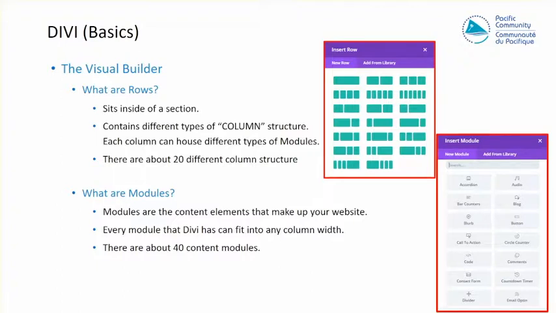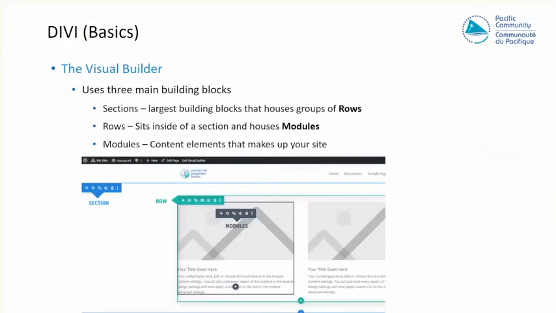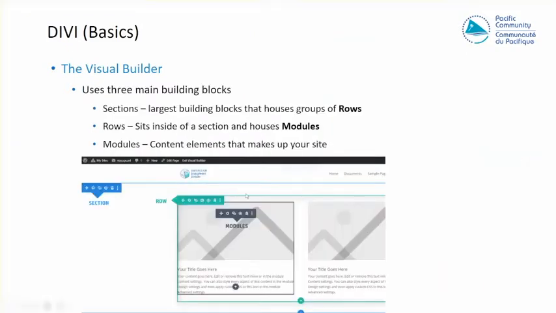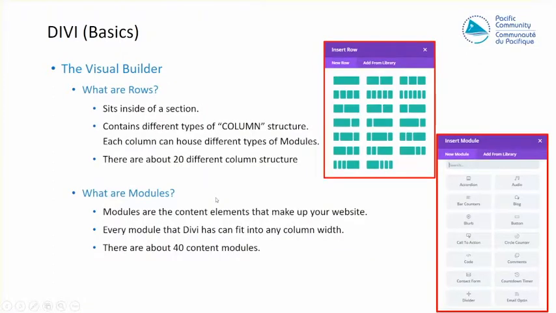Sections, rows, and modules. So we've talked about sections, which is the blue part that you can see there. Now we talk about this green outline here. The row sits inside of a section, and it contains different types of column structure.